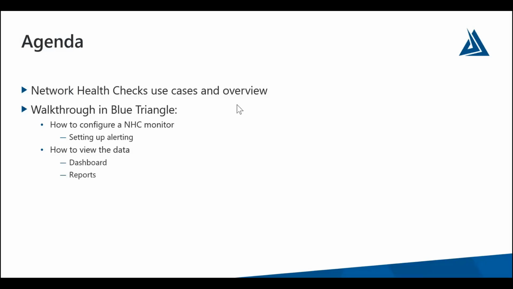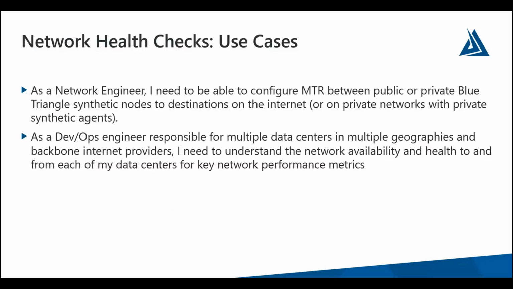We'll go into some detail about how it all works and defining some terms, and then we'll get into Blue Triangle Live and walk through how to configure a new network health check monitor. We'll set up alerting for that monitor, and then we'll view some data via the dashboard and some reports as well.